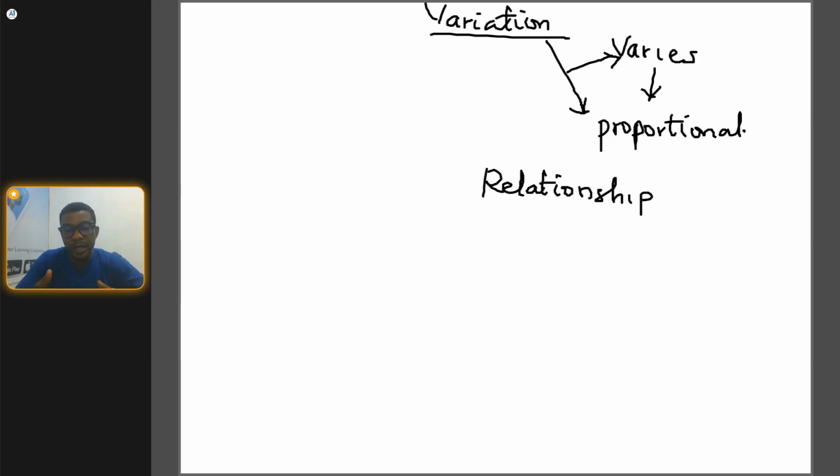That is, whether the relationship between quantity A and quantity B is a direct relationship or an indirect relationship or a joint relationship.